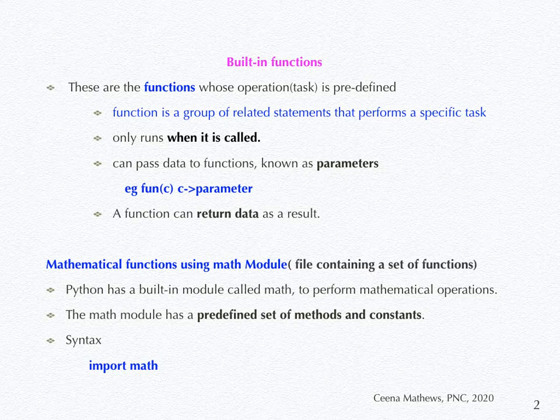An example is fun(c), where fun is the name of the function and c is the parameter, the value that is passed to the function for computation purposes. And this function, after performing the computations, will return data which we call the result of the function.